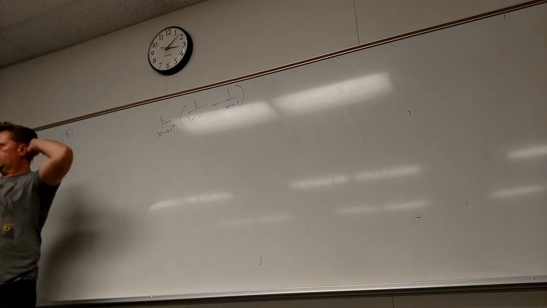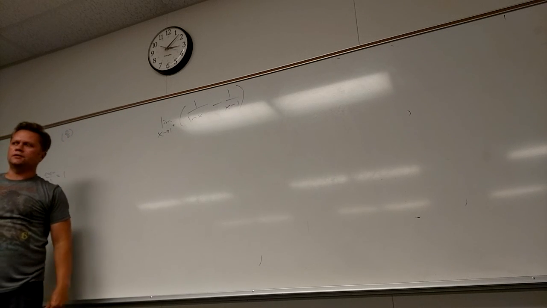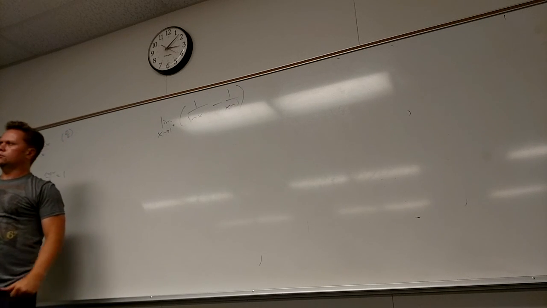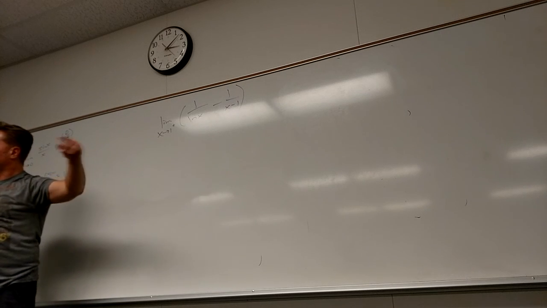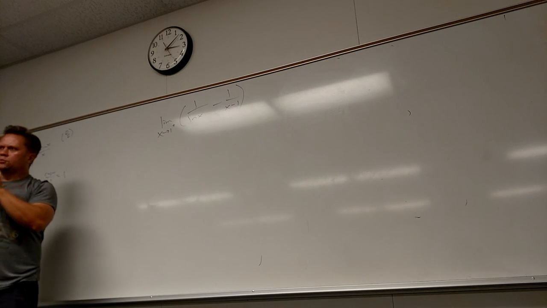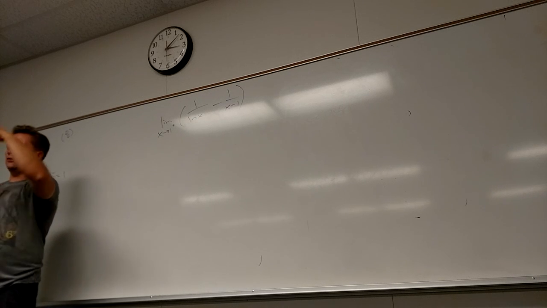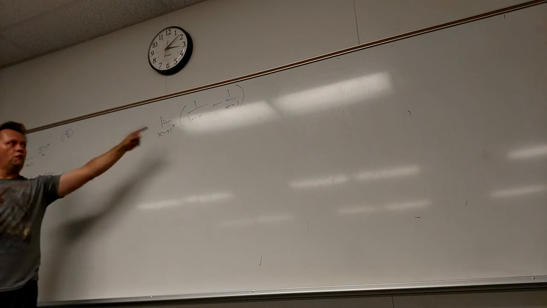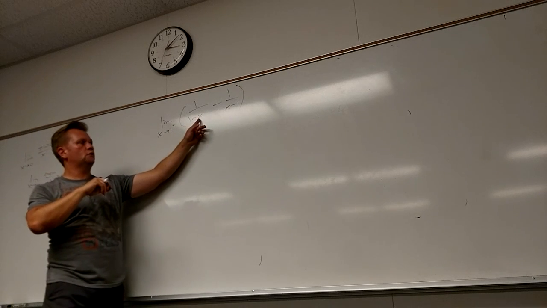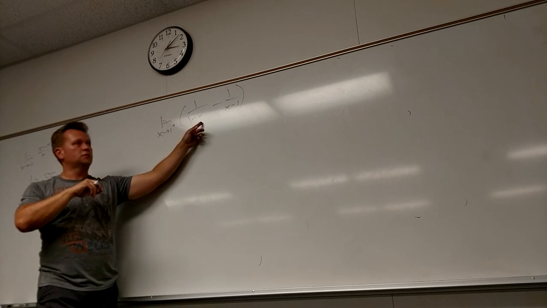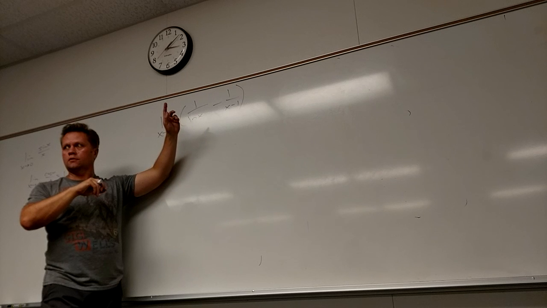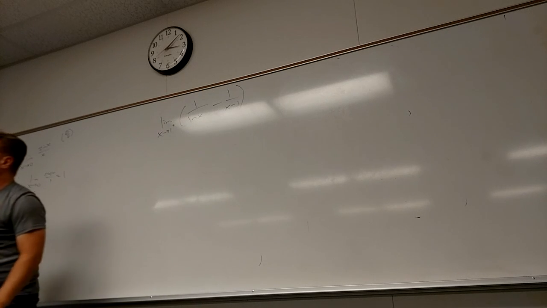Now, this is not a ratio. This is like the subtraction of two things. There are two more indeterminate forms, but in order to use L'Hopital's, I still have to make it a ratio. But what form is this in? At 1, what does this want to do? What's the natural log of 1?